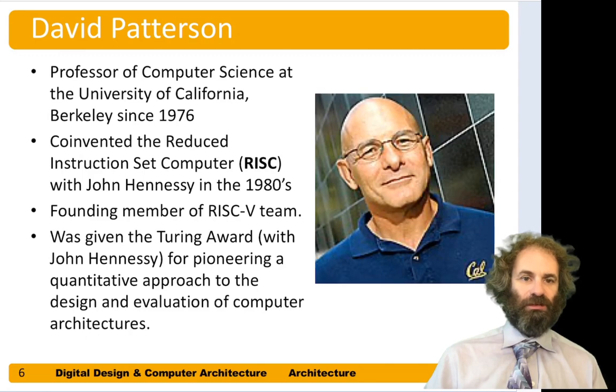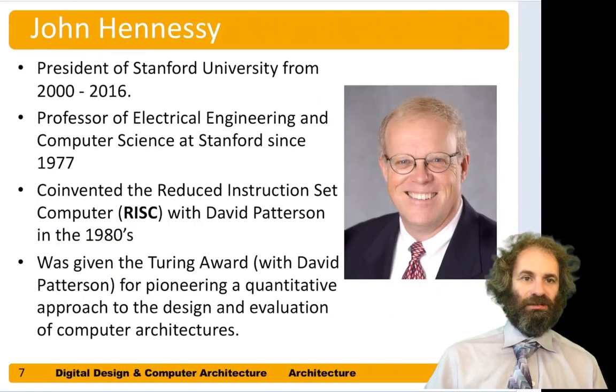David Patterson was a co-recipient of the Turing Award for pioneering the quantitative approach to design and evaluation of computer architectures. And his colleague John Hennessy from Stanford was also co-recipient of the award and co-author of a classic textbook titled Computer Architecture.